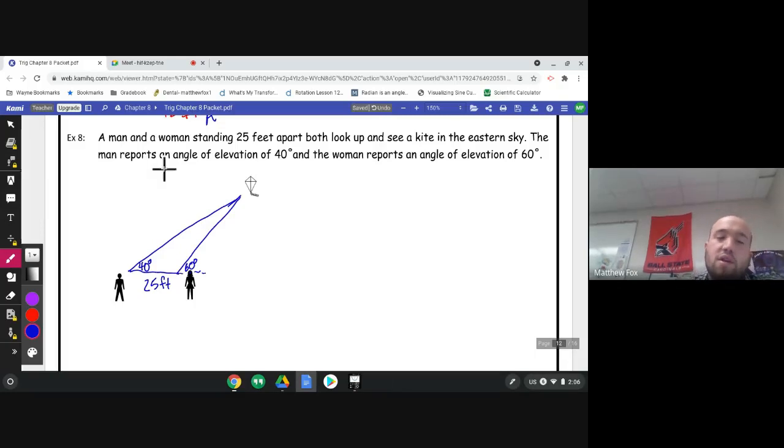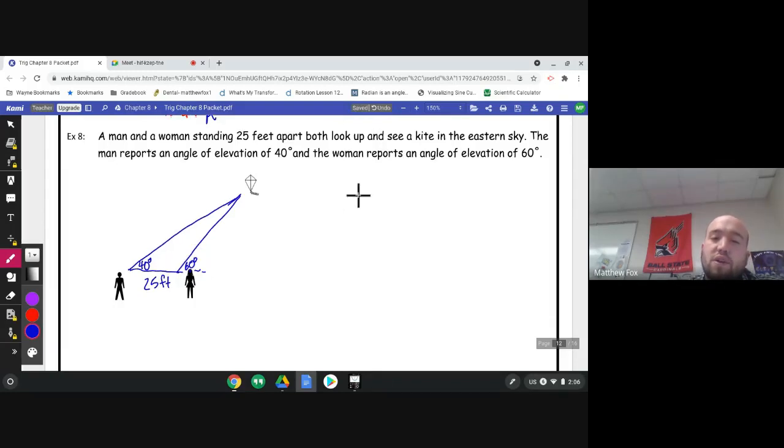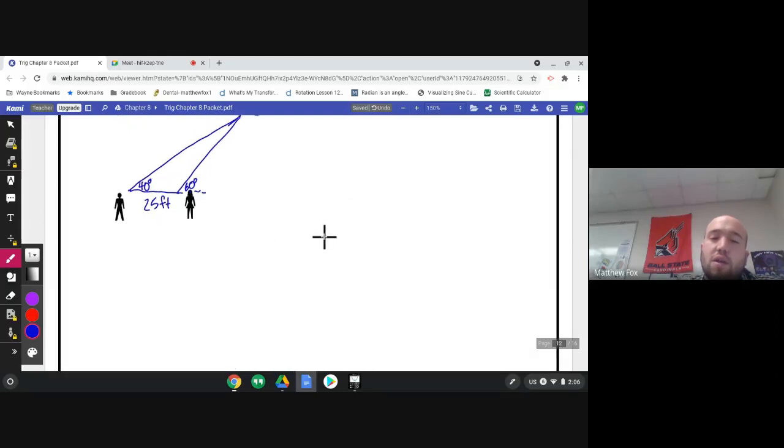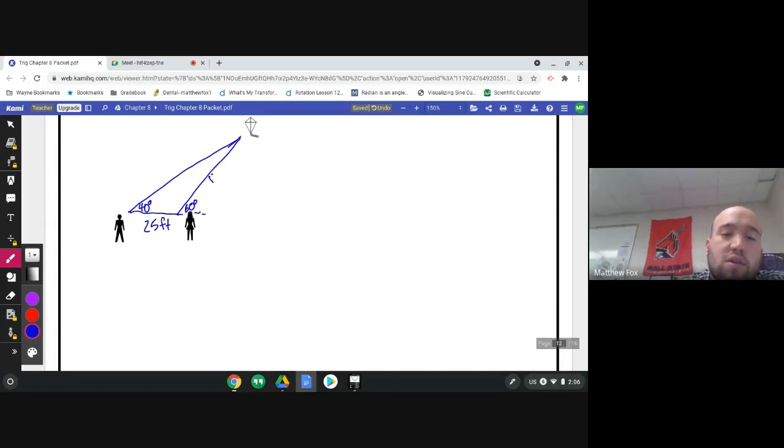So if we think about it, these two angles form a linear pair. Okay, that will be important. Although first, let's figure out what we need to find. So it says, what is the distance from the kite to the woman? So right here, this is what I'm trying to find. What is that distance? Now, in order to do that, let's first use this 60. If that's 60, we know linear pair, this would have to be 120.